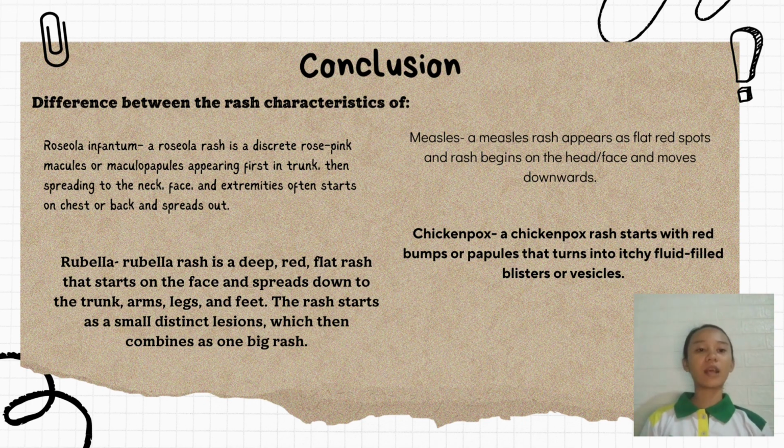A measles rash appears as flat red spots, and the rash begins from the head or face and moves downwards on the body. Next, we have the rash of chickenpox. A chickenpox rash starts with red bumps or papules that turn into itchy fluid-filled blisters or vesicles.